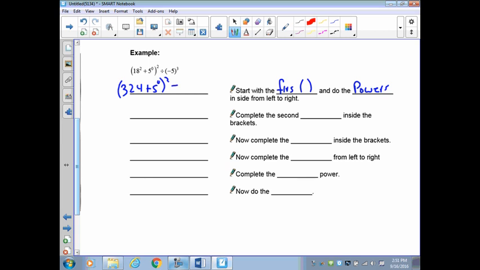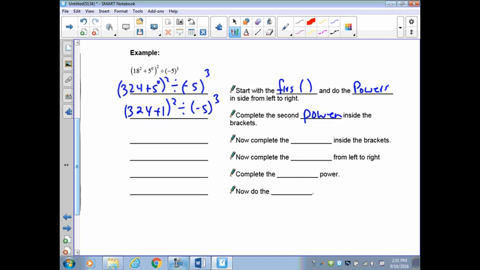Remember, this is all squared, divided by negative 5 inside brackets to the 3. So I did the first power. Now I can complete the second power inside the brackets. 5 to the 0 is 1. So 324 plus 1, all squared, divided by negative 5 cubed.